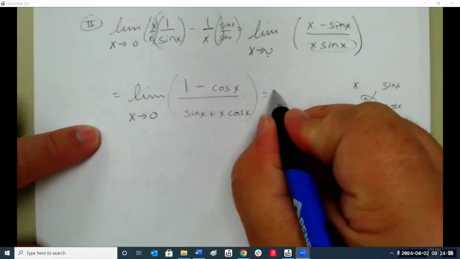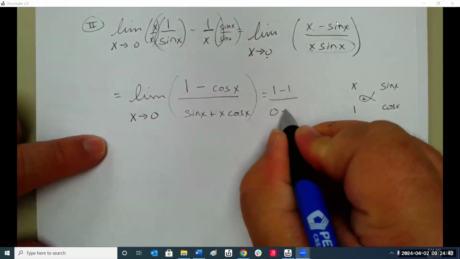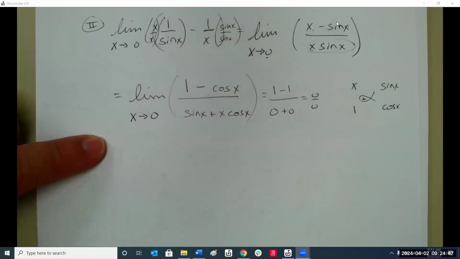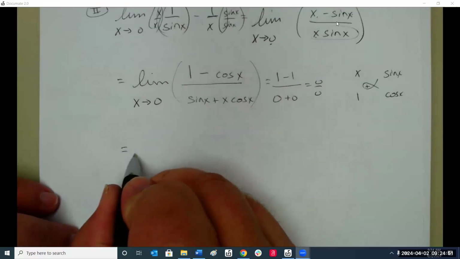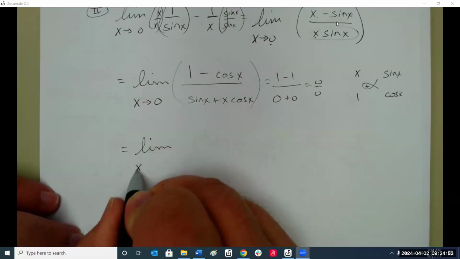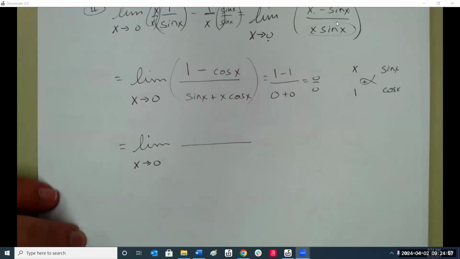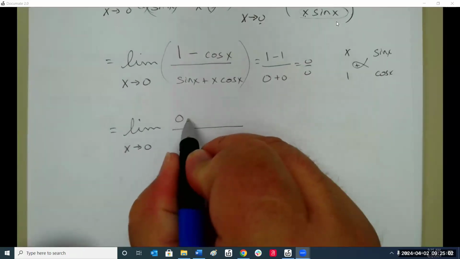Plug in 0, so we get 1 minus 1 over 0 plus 0. L'Hopital's again. The derivative of 1 is 0.